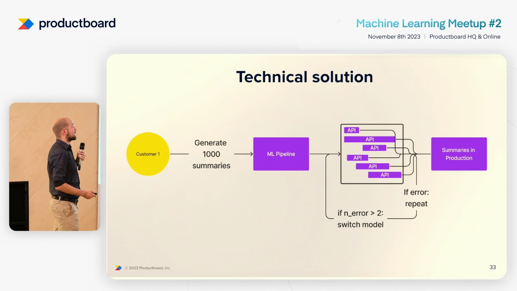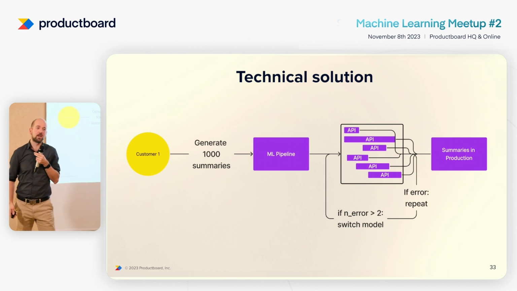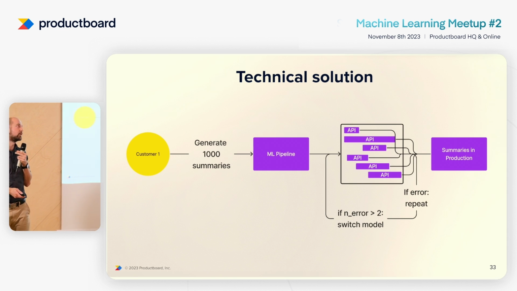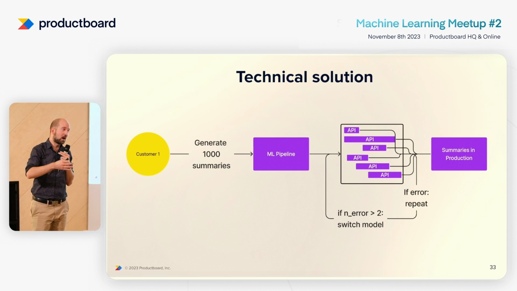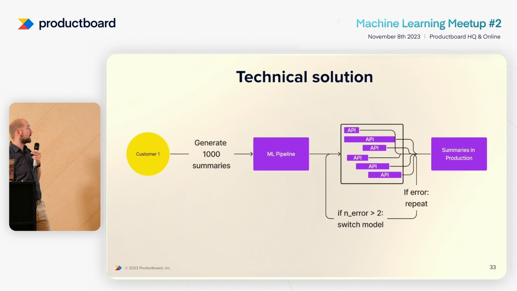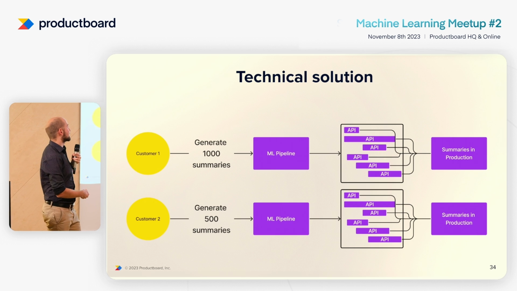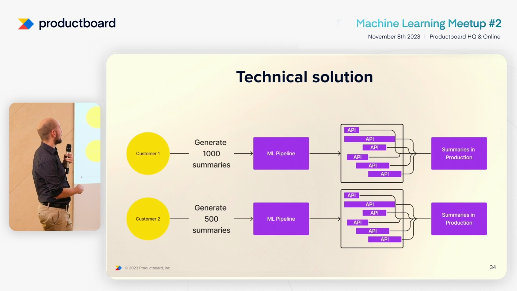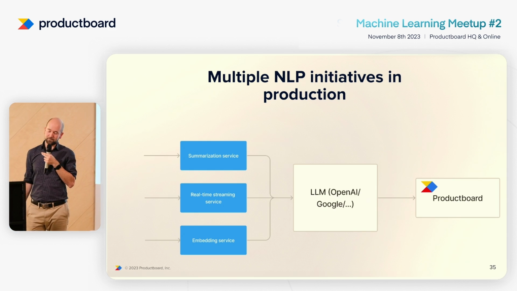There are those rate limits, as I was saying, so you cannot feed all these 1,000 requests in parallel to GPT because it would crash. So you have to feed them as soon as the rate limits are down and there is some space in them. And this is even more complicated when a new customer comes at the same time and wants more and more predictions to be generated.